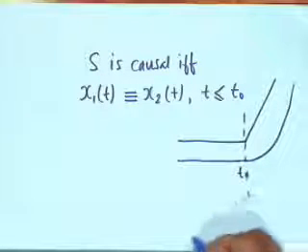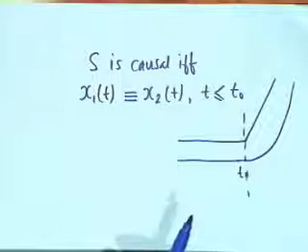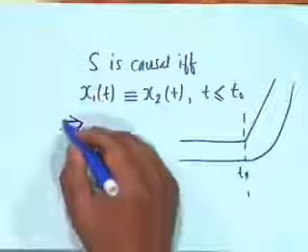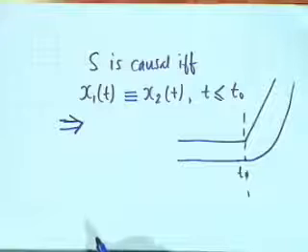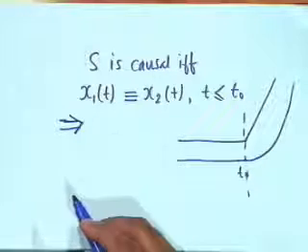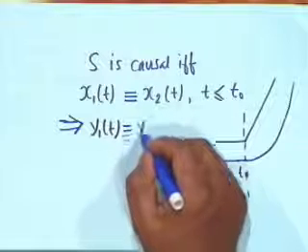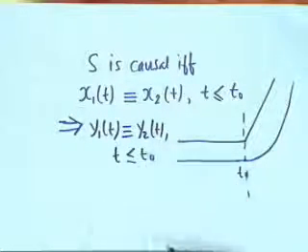Okay, so for t less than t0 the two signals are identical, implies, this double horizontal line and an arrow will stand for implies, y1(t) identical to y2(t) for t less than or equal to t0. This is the formal definition of a causal system.